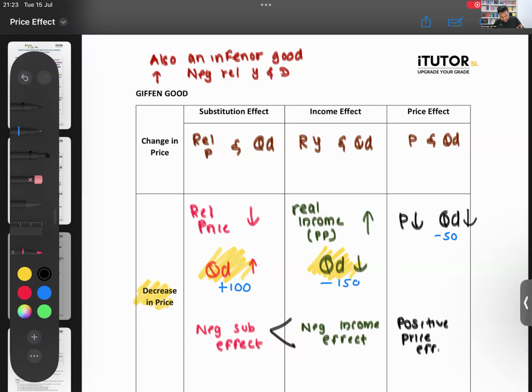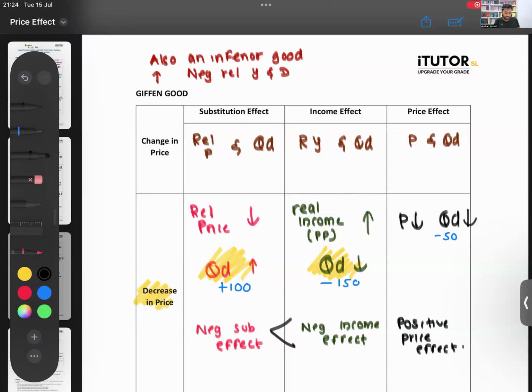No. Law of demand is saying if the price reduces, QD has to increase. Normal goods, inferior goods complied. Giffen goods are going against the law of demand. That's called an exception to the law of demand. We learned that in my slides, it's there. A positive price effect means you're going against the law of demand.